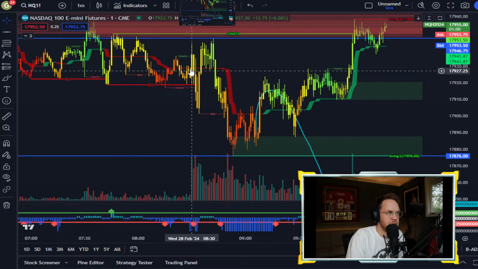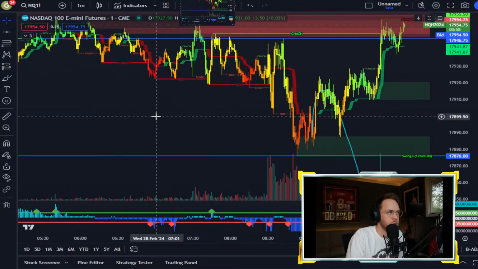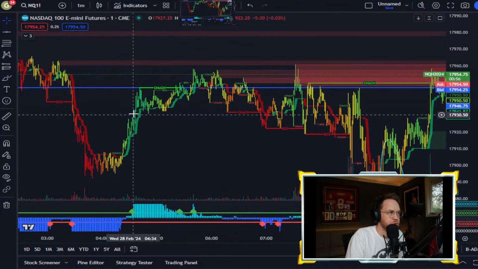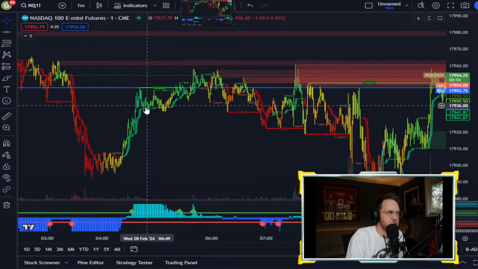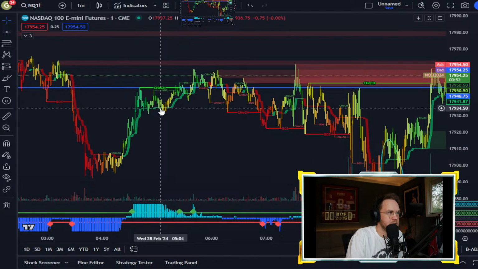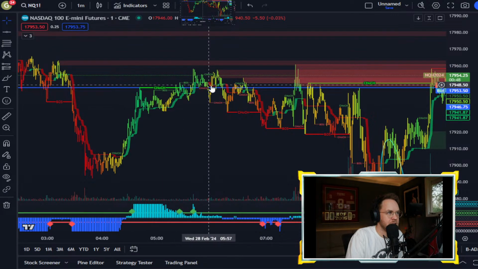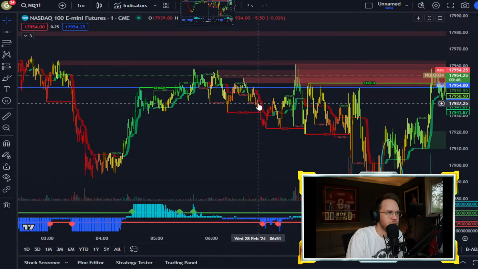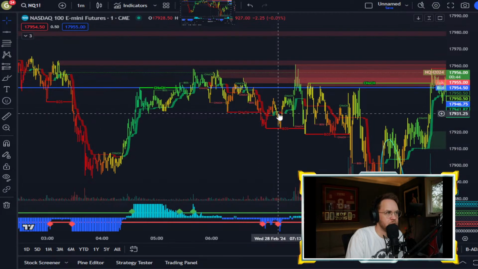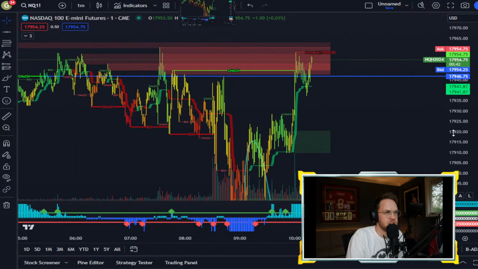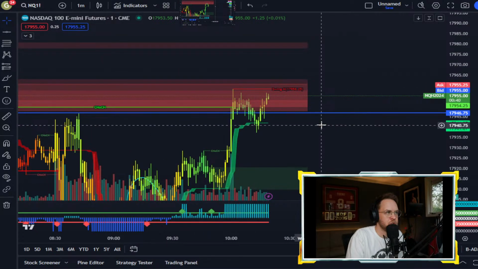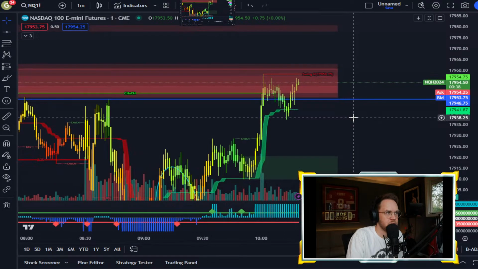If you go back, right here: green, green, green, uptrend, move to the upside. Yellow, it's cooling down. Green comes back in, and then down here it starts to get yellow, orange, red, sellers taking over. So this is just a tool that I have in TradingView to kind of see it a little more visually.